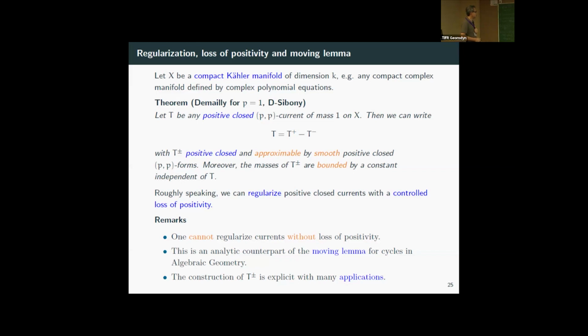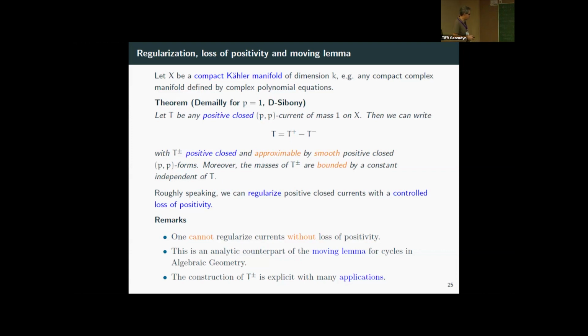We can do that. It is a consequence of the Smillie theorem for p equal to 1, and by Sibony and myself in higher codimension. Roughly speaking, you control the mass of all of them. Roughly speaking, if you want to regularize a positive closed current, you have to accept to lose the positivity. If you accept losing positivity, then you can do that, and you can control everything.